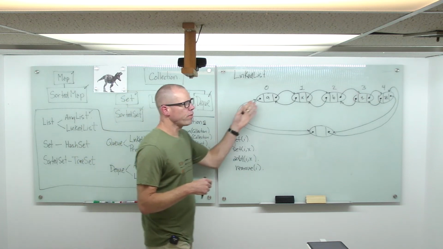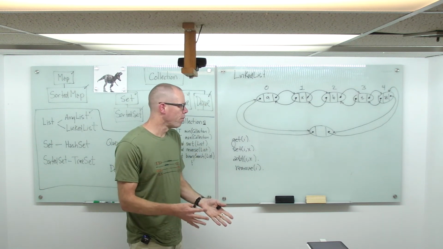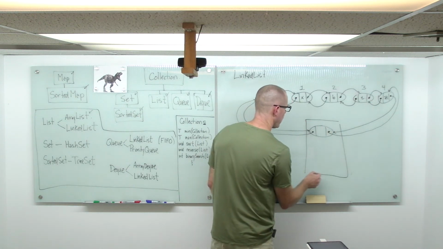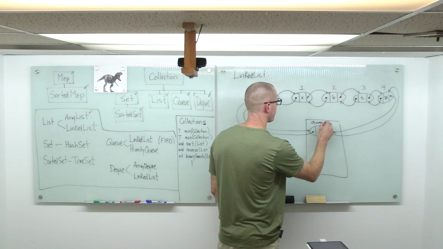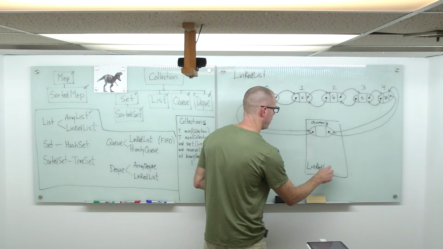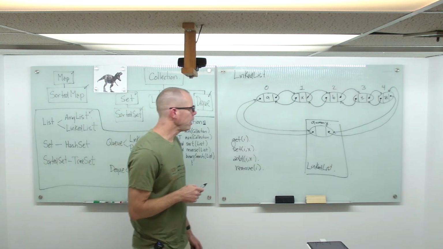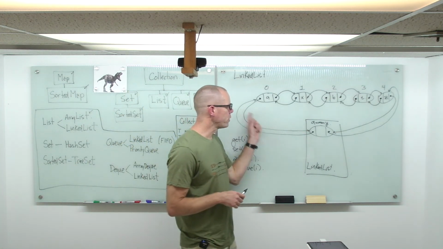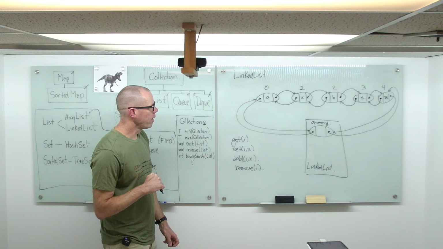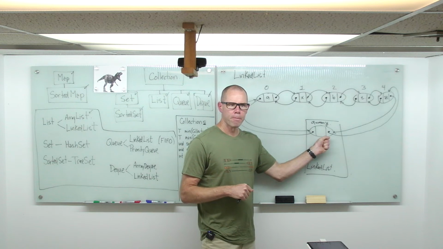So you can't have instance variables for every node, right? An object has a fixed size with some space reserved in it for some variables. And the thing that is reserved is this thing here. I'll call it a dummy. This is what's in the linked list object. It has this one node called the dummy, or possibly it has just two references called first and last if it doesn't want to use this dummy node technique. But when I pass you a linked list, what you get is this thing. Okay.